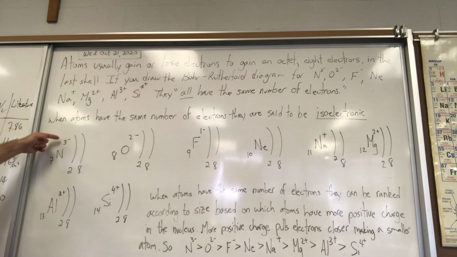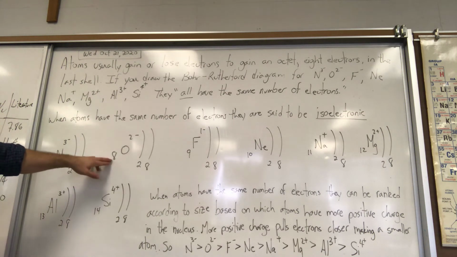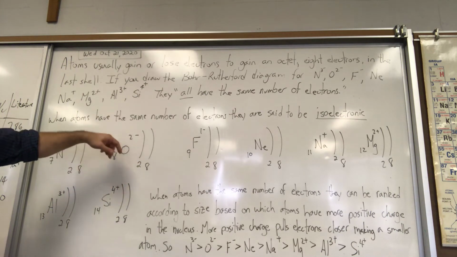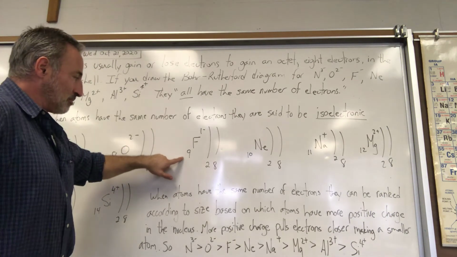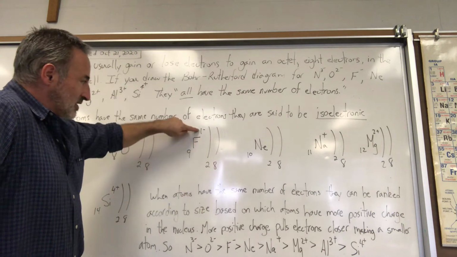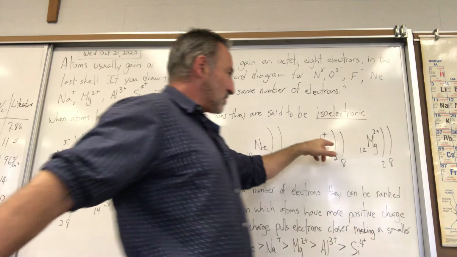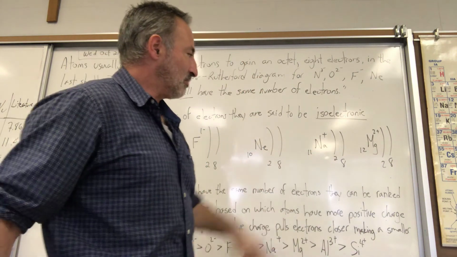But if you have 10 electrons, then the atom is going to have a -3 charge. The same rationale works for all the other elements. You see oxygen has 8 protons, but if it has 10 electrons, it's going to have a -2 charge. Fluorine has 9 protons, but with 10 electrons, it's got a -1 charge, and so on. With the metals, they tend to lose electrons to have positive charges.